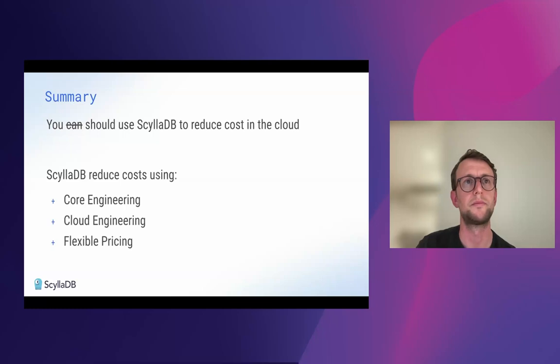And in the last part, Michael presented Flex Credit, which is a complementary feature that takes advantage of the fast scale and allows you to pay only for what you need. In addition, Michael covered more cost reduction features like compression and more. And with that, we want to thank you very much.